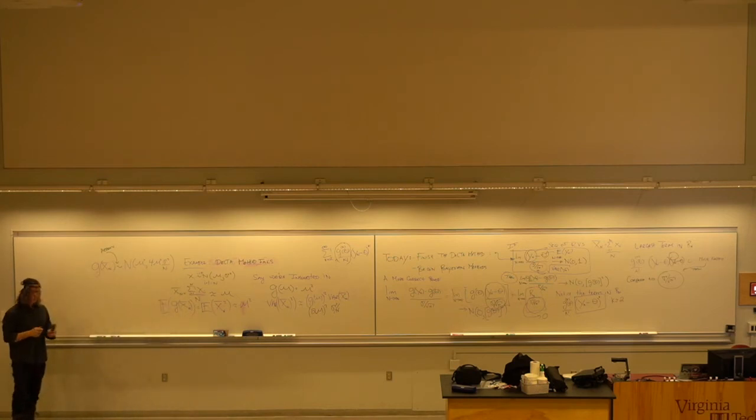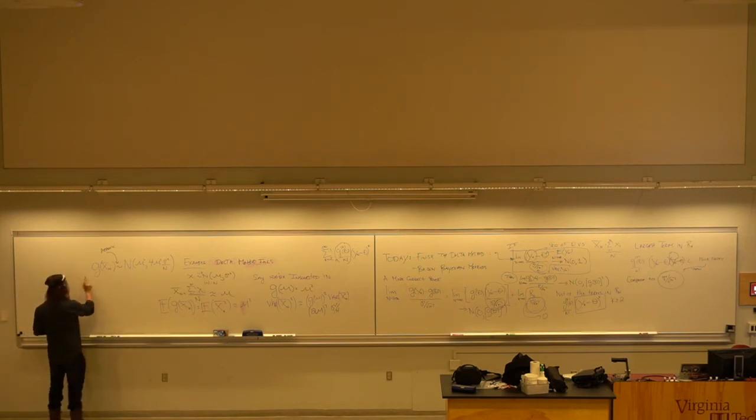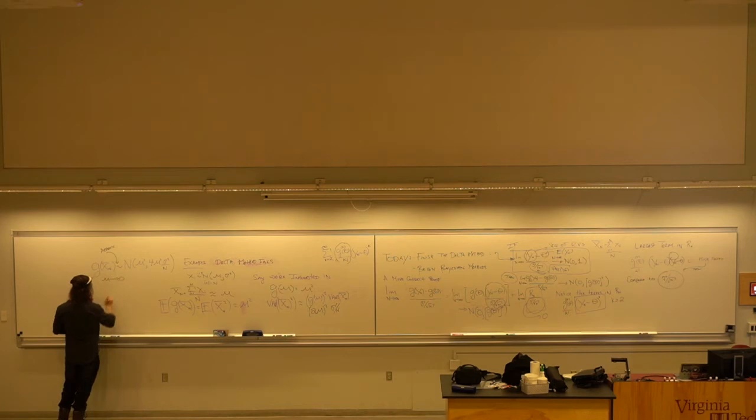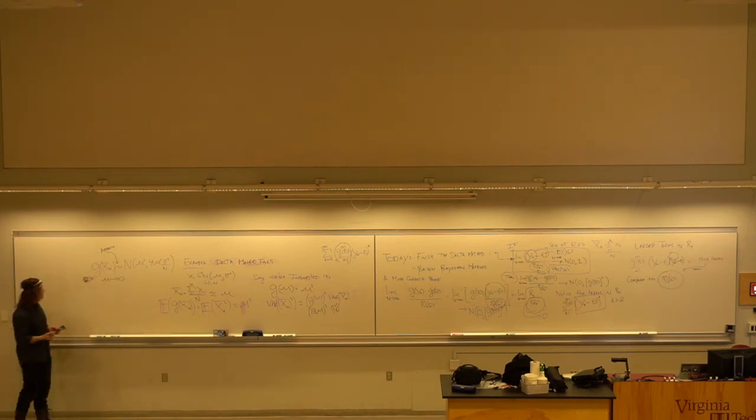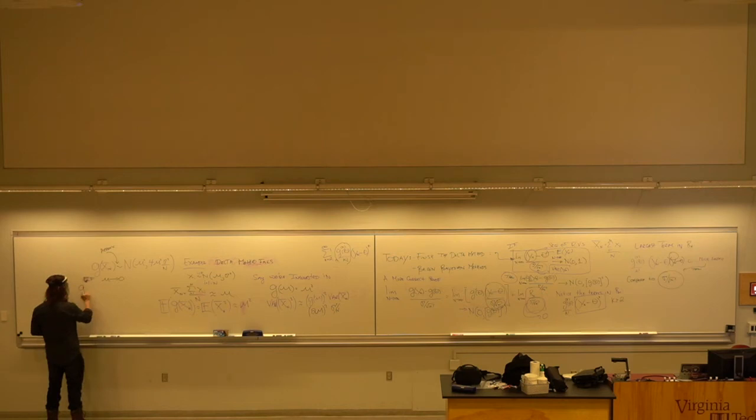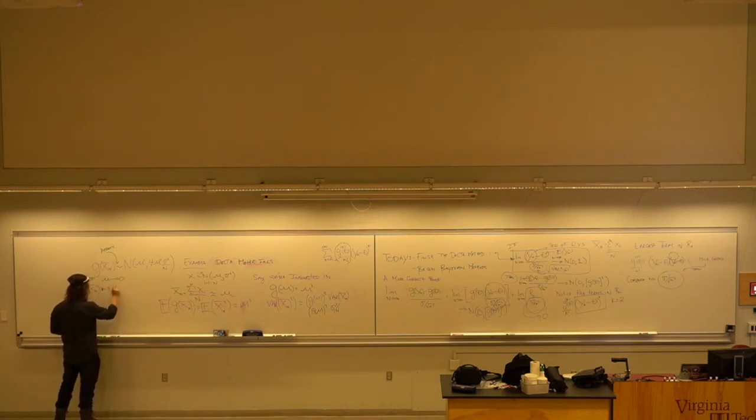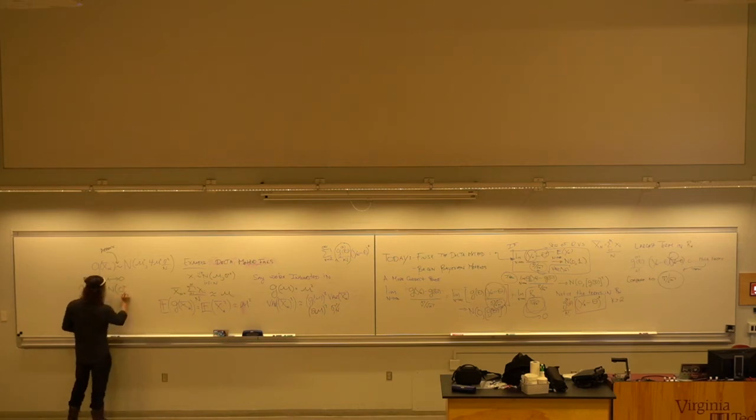That's approximately true. Let's think about what happens if mu gets close to 0. Take a case where mu is 0. Then we have something like this. It is going to be approximately a normal centered at 0 squared, with variance 4 times 0 squared, sigma squared over n.